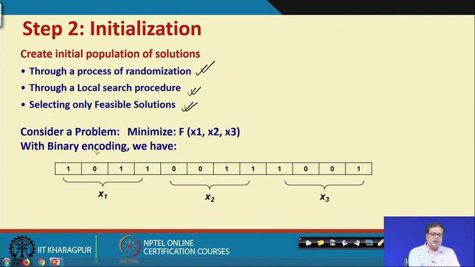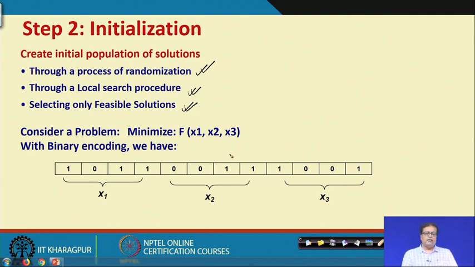So, consider a problem: minimize a function of x1, x2, x3, and it is known that x1, x2, x3 are in a range between 0 to 15.